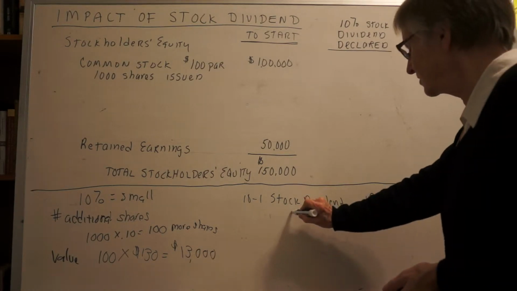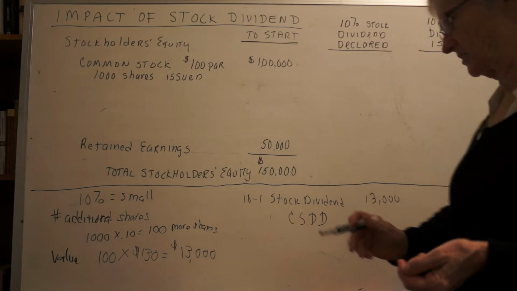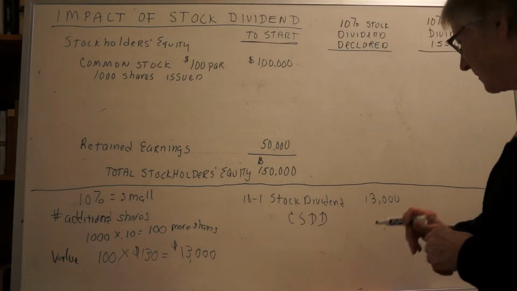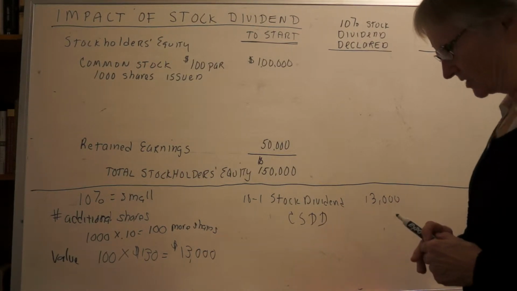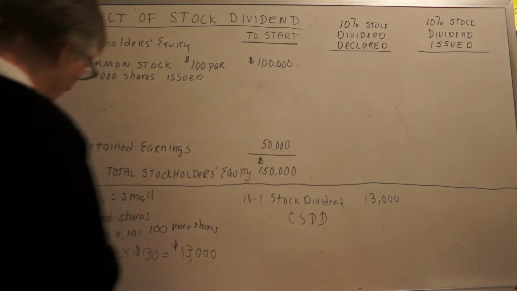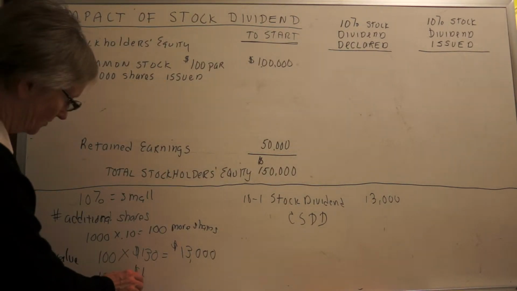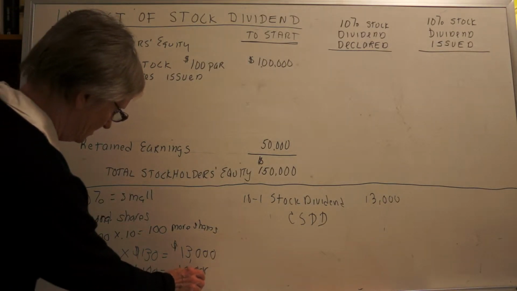We know we have a common stock dividend distributable. And of course I forgot to allocate between common and paid in capital. The amount of the common stock dividend distributable is going to be the 100 additional shares times the $100 par value of the stock, or 10,000.